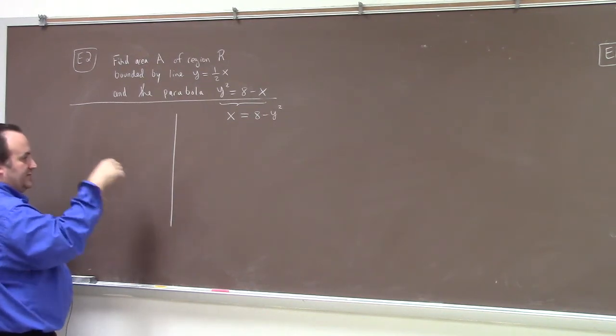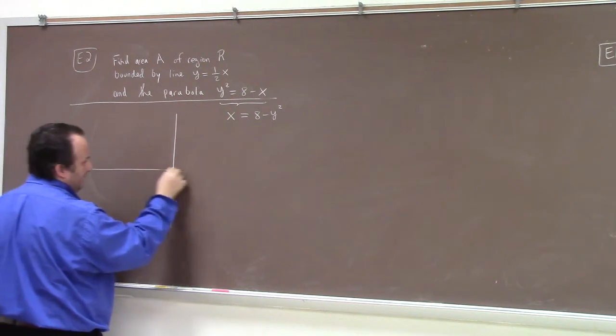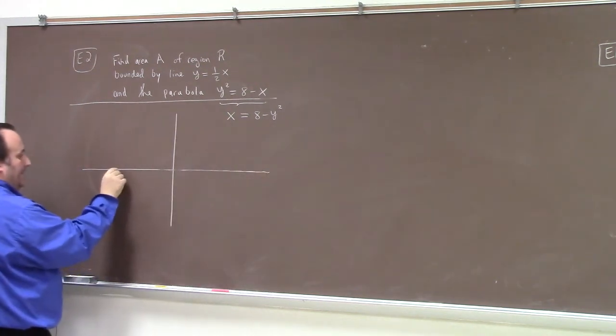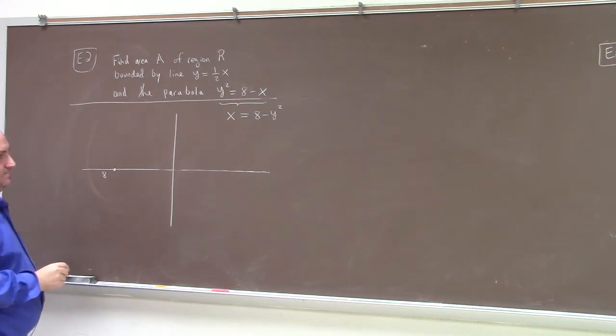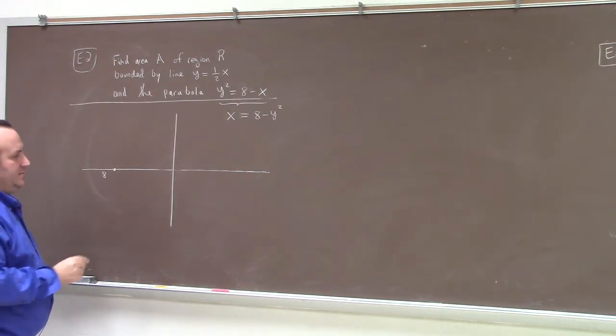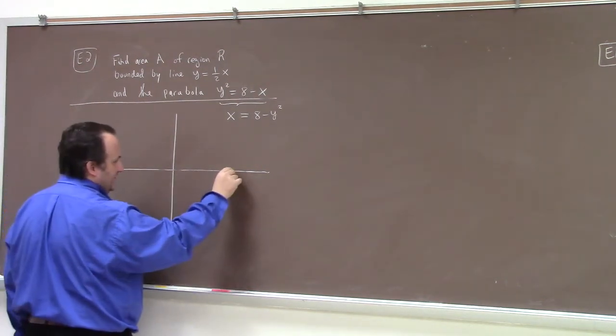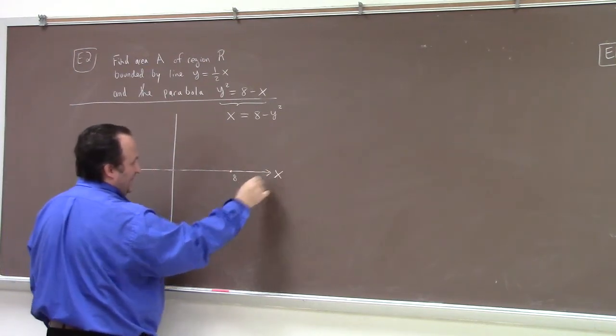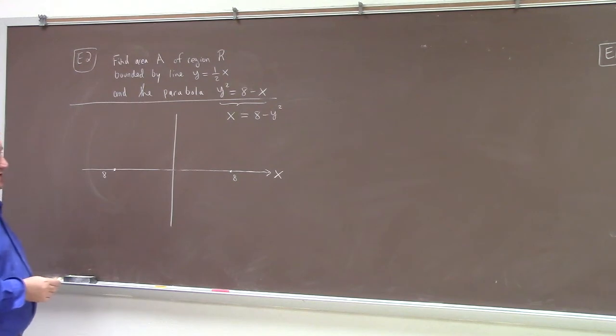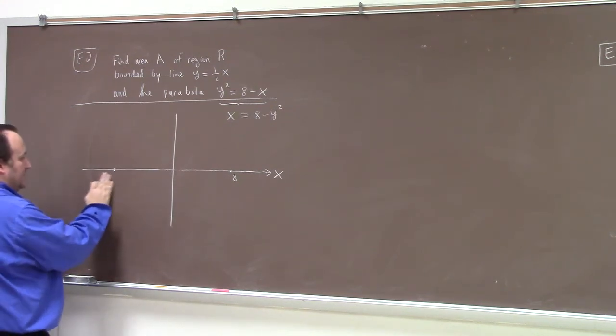When y equals 0, x equals 8. Oh, my bad, 8's over here. So x-intercept of 8, and it opens in the negative x direction, because it's minus y squared.